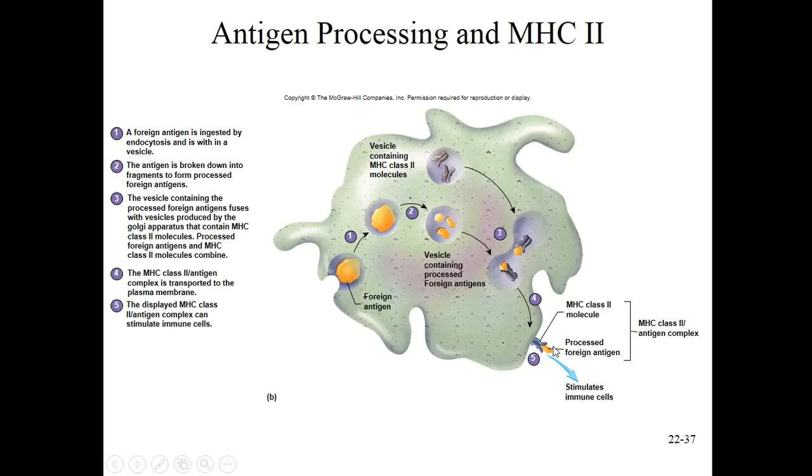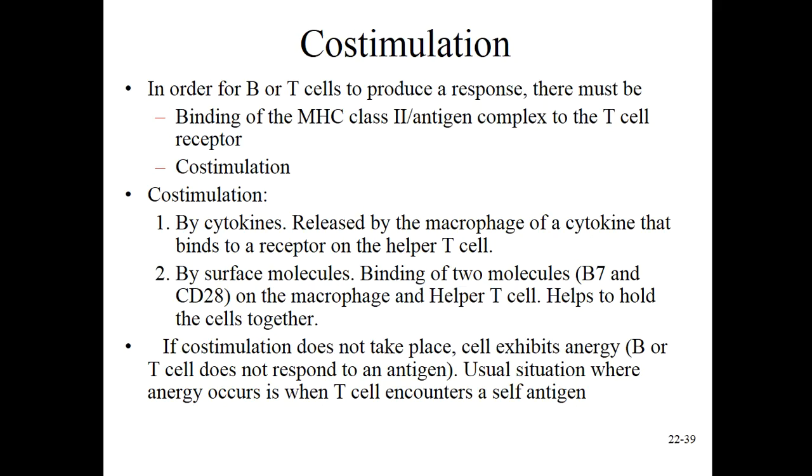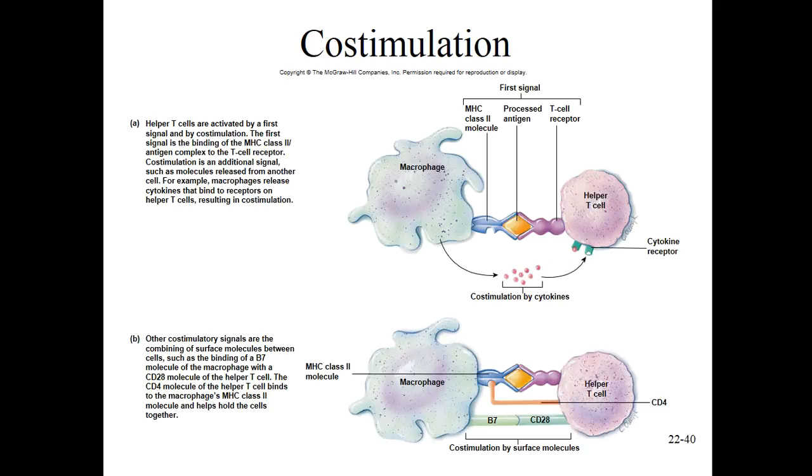Presenting the foreign antigen to the next cell in line is the key to moving down this pathway towards antibody production. This is a really important step in our adaptive immunity. It's called co-stimulation. So here's the same cell with the same MHC class II molecule holding out the processed antigen.